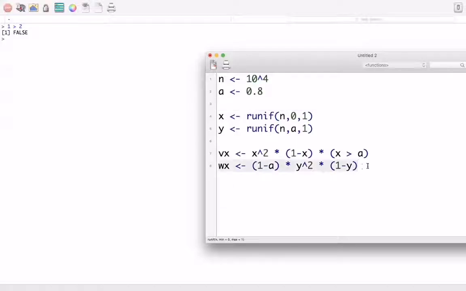So basically, this simulates all the values in theta 1, and this simulates all the values in theta 2. So Monte Carlo 2, MC2. So you want to find the estimate. Let's just try the mean of Vx and then the mean of Wx.